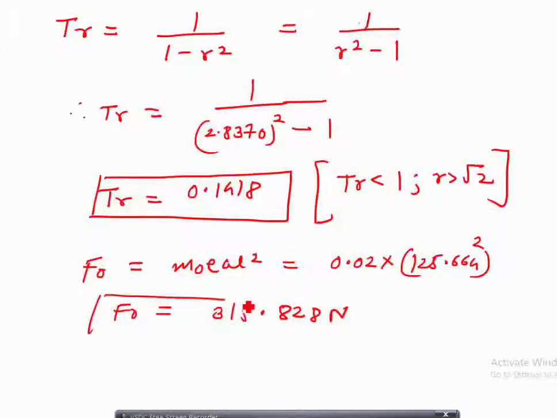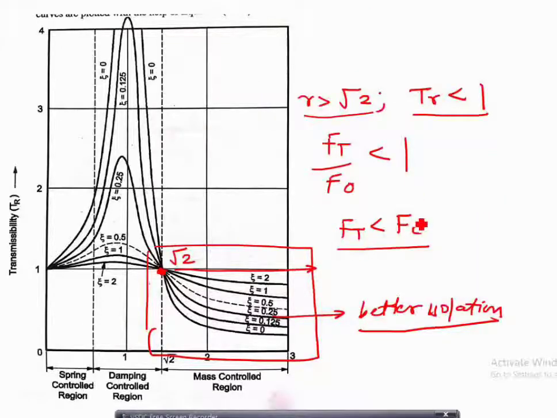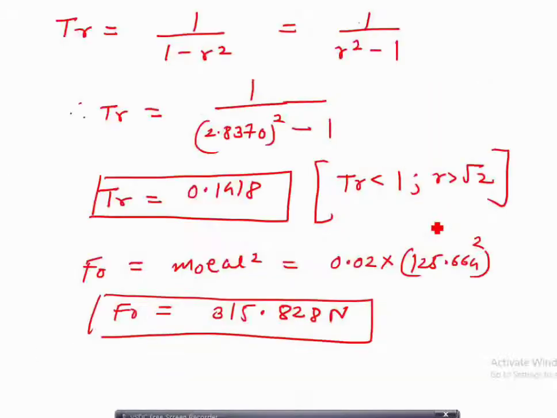Now once you have F0, we understand that your Ft is less than F0, right? From this graph you understand that the amount of force transmitted is less than F0. So let us calculate the value of Ft. We know that Tr is equal to Ft upon F0. So Tr is equal to 0.1418 is equal to, what is Ft?